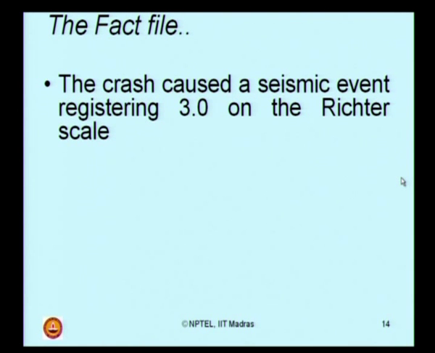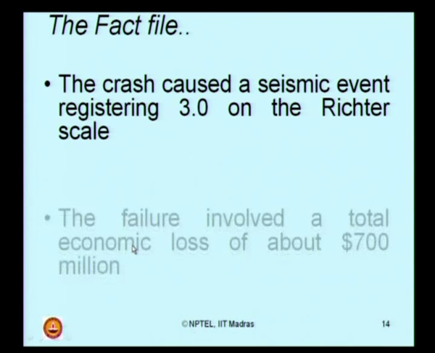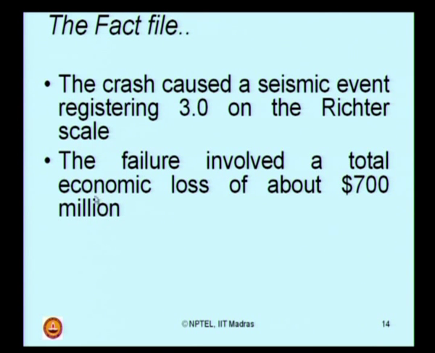Looking at the accident scenario, there was a crash caused to this platform, and this crash was reported to be equivalent to a seismic event registering 3.0 on the Richter scale of an earthquake signal. The failure involved a total economic loss of about $700 million US.